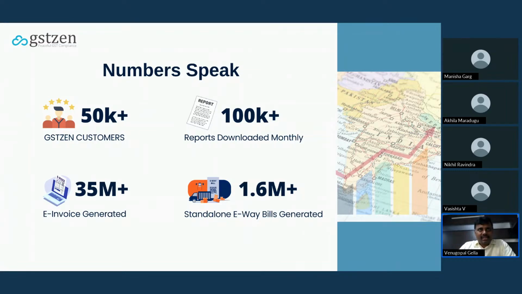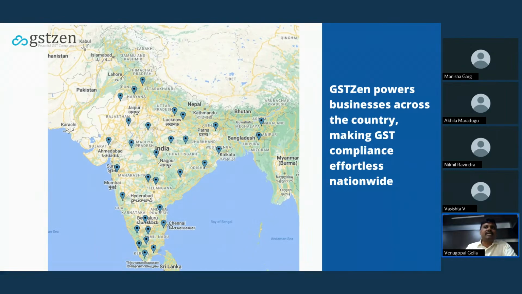There are 50,000 plus customers who use the application, and more than a lakh records of reports get downloaded. As we speak, in real time, a lot of e-invoices and e-way bills get generated. Around 35 million e-way bills get processed through our application. Our customers are present across India in different locations. So it's a cloud-based pan-India SaaS product.